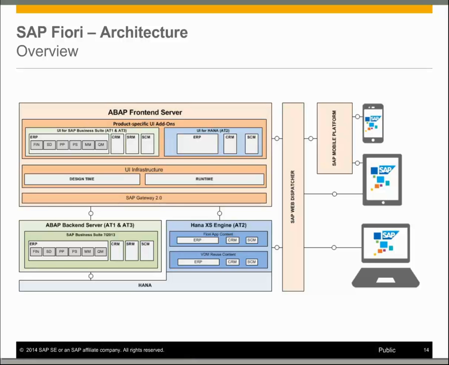Backend server. For the backend server, you can use a business suite running on SAP HANA, or business suite running on a traditional database, or you can use SAP HANA. So it is possible for you to use SAP delivered APIs or BAPIs within your OData services.